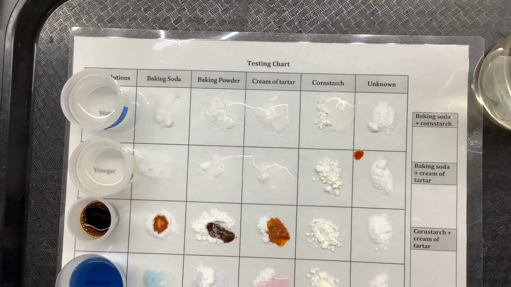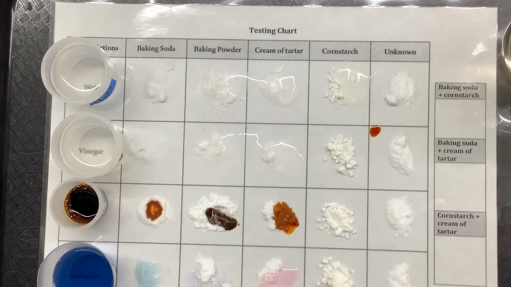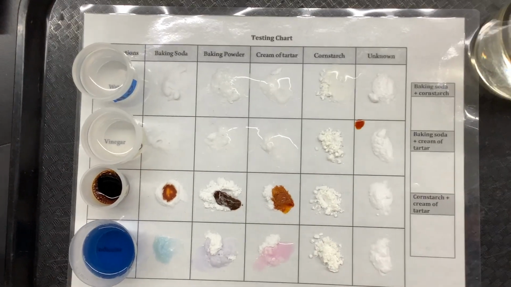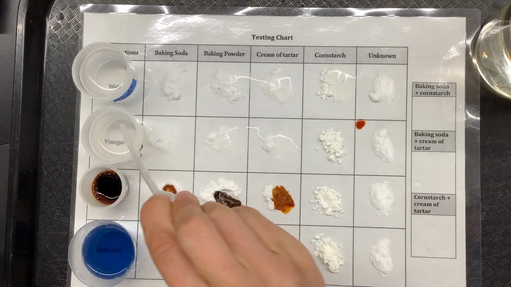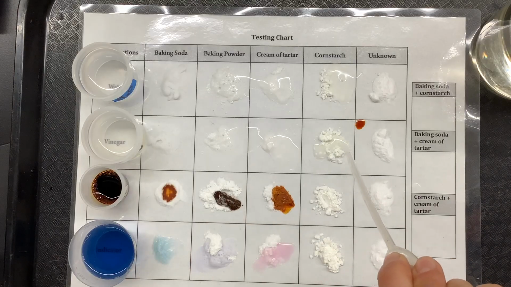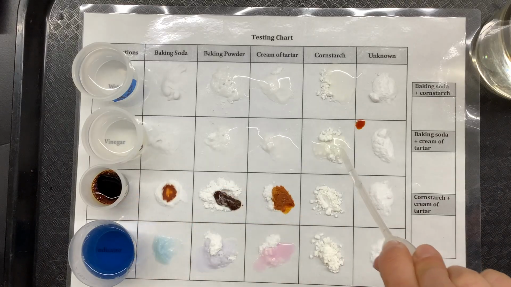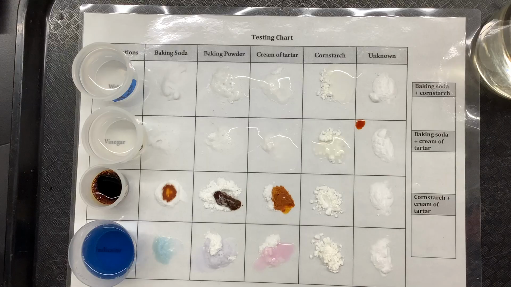So cornstarch and water looks just like white and no bubbles forming. Okay, now let's do vinegar and cornstarch. Yeah, looks the same. No bubbles forming with cornstarch and vinegar and still staying white.